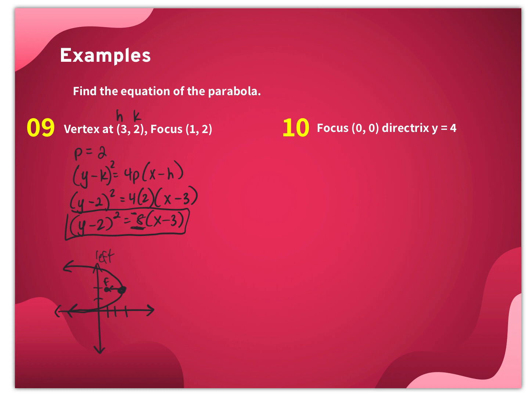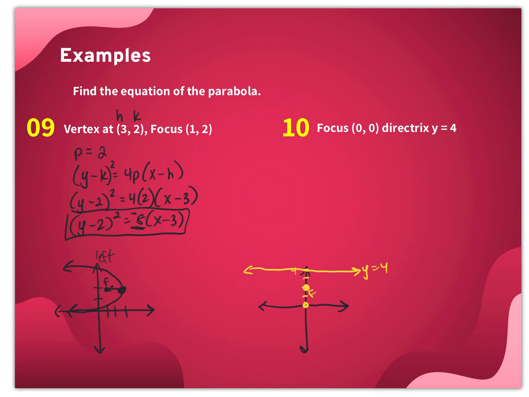And last one, we have over here a focus of 0, 0 and a directrix of y equals 4. So again, let's think about that. My focus is here and y equals 4, 2, 3, 4. This is my directrix, right? And I know that my vertex lies in between these two.